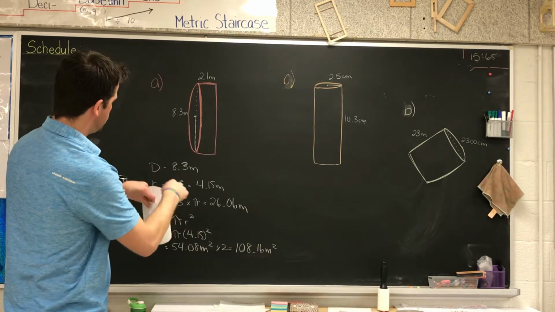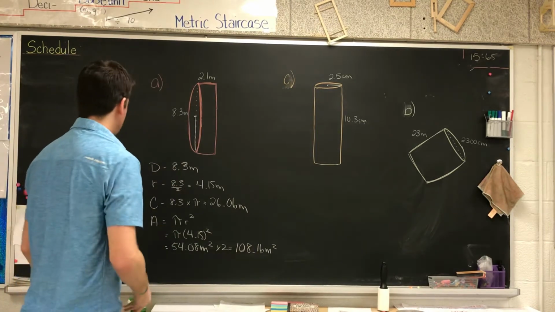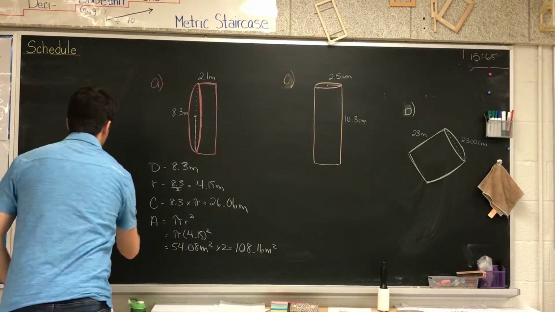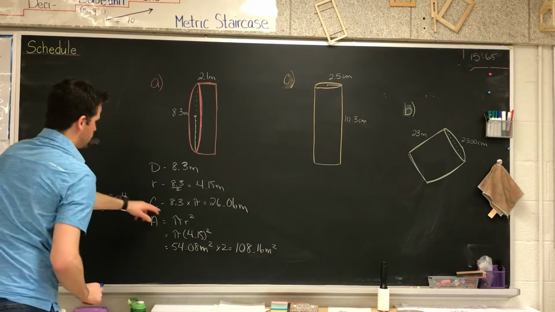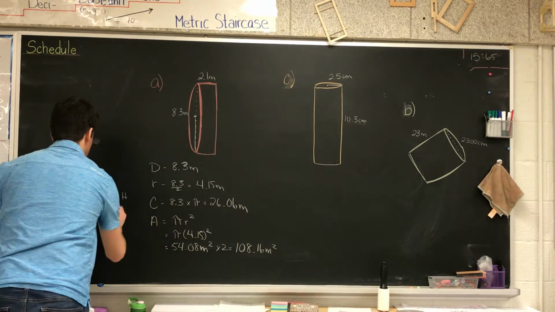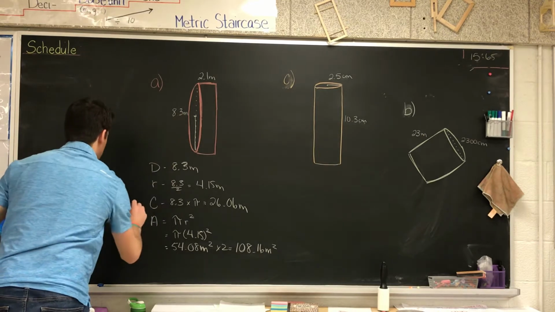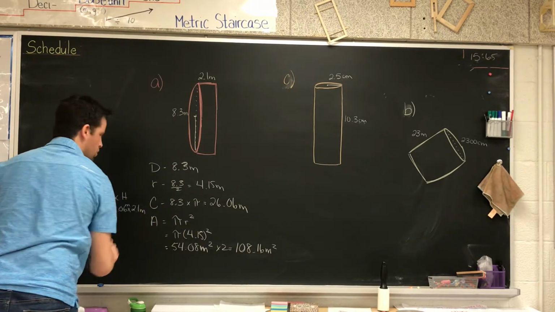So we need to know the circumference of the circle, which we know, and the height of the cylinder, which we know. So the area of the cylindrical part is going to be the circumference times the height. The circumference of this circle is 26.06 times the height is 2.1 meters. And that should be meters as well.